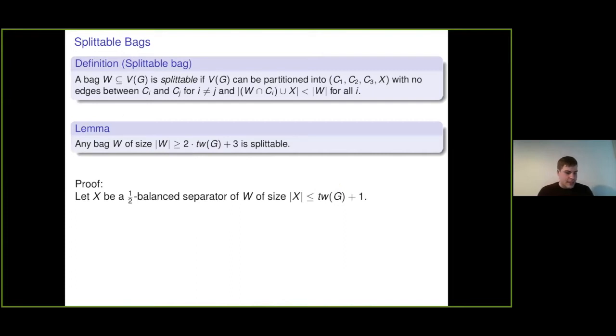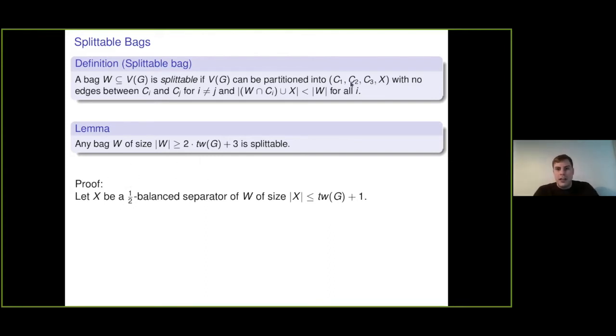This says that as long as we have a tree decomposition whose width is larger than 2k plus 1, we can take the largest bag and say that it must be splittable. And the proof of this is very standard.